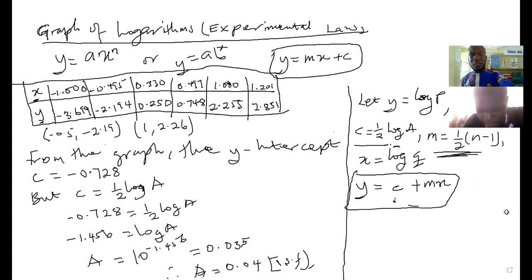Then you verify these points to see whether your graph falls within them. If you have any challenge with any of them, run it to one decimal place so that the accuracy can be predicted.